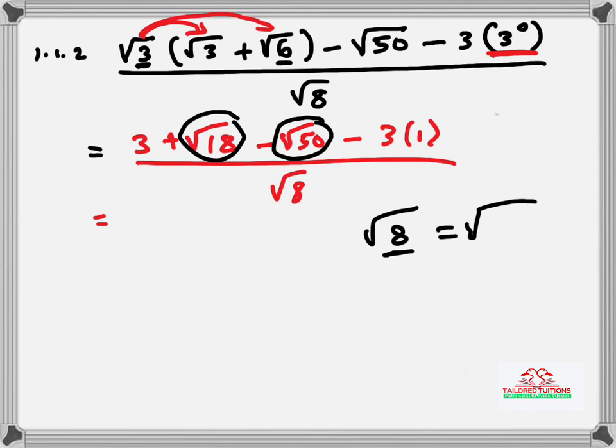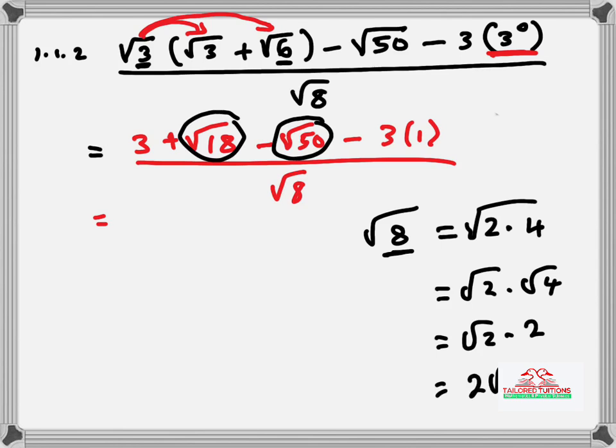So here we have 2 times 4, which is the same as square root of 2 times square root of 4. What is the square root of 4? That's 2. This can be written as 2 square root of 2.